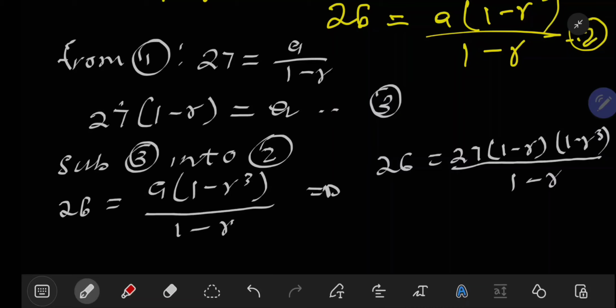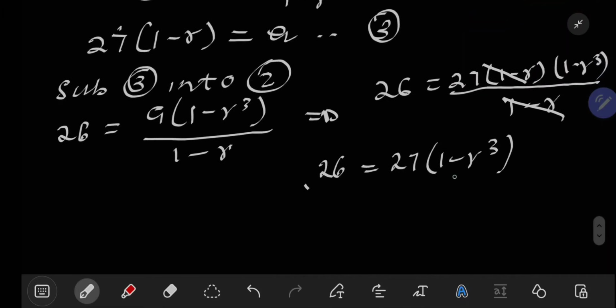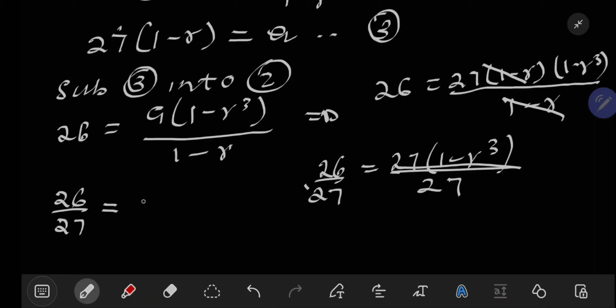Now we have to deal with the maths. We can see that we have multiplications on the numerator, so this one can divide this one. Now we are remaining with 26 is equal to 27 into 1 minus r cube. When solving this, we can divide both sides by 27. So you have 26 over 27, which is equal to 1 minus r cube.